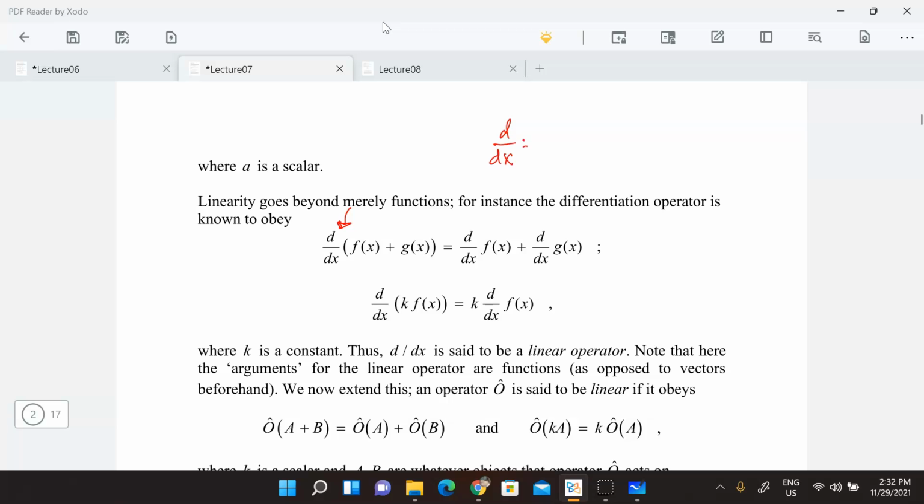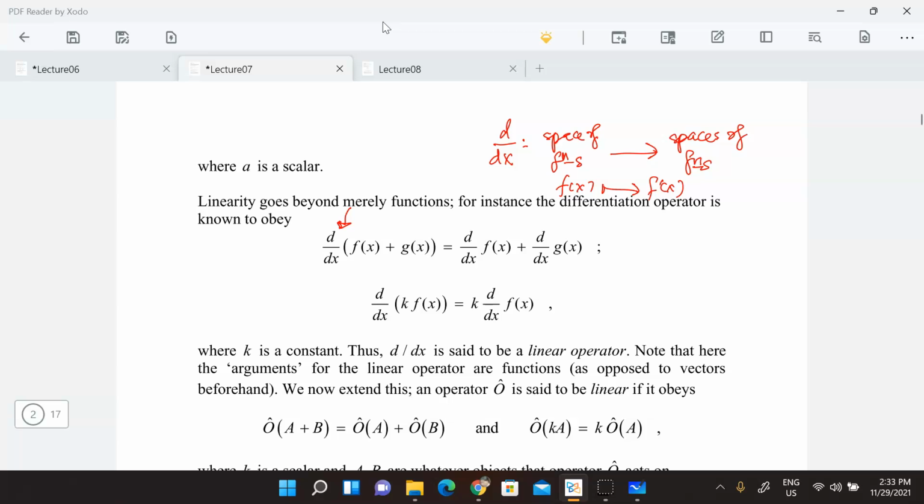It takes the space of functions, let me just write it down so that you can see what I mean, because symbols can mean anything. Here your differentiation is just taking a function and mapping it to a different function. For example, f(x) will get mapped to f'(x), your derivative.